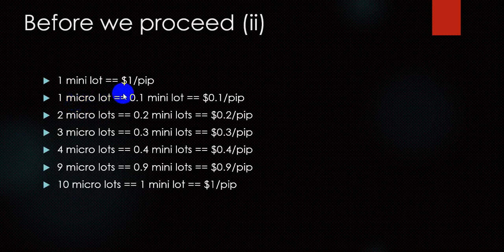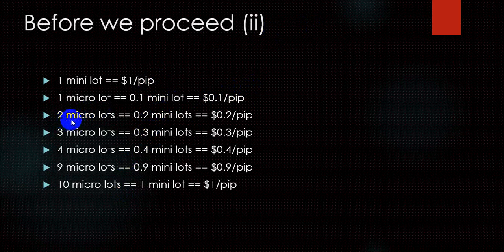Because 1 micro lot is 0.1 of 1 mini lot, and 1 mini lot represents the possibility for profit or loss of just $1 per pip. Because of that, 1 micro lot, which is 1/10 of 1 mini lot, represents $0.1 in potential profit or potential loss per pip, which is 10 cents.